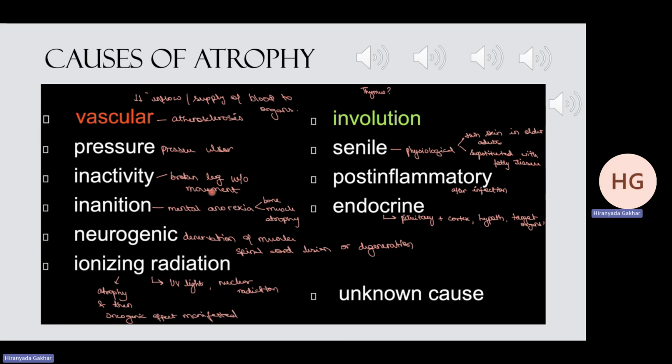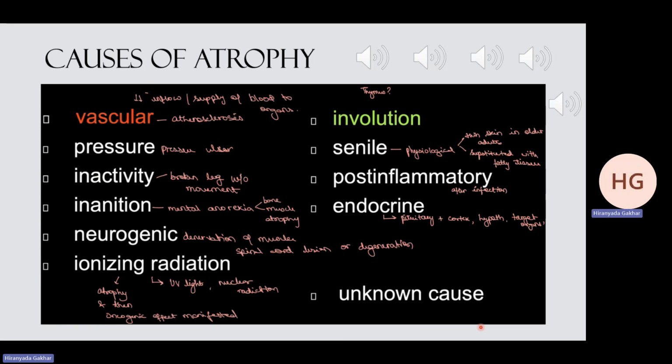This is the point when your reversible atrophy suddenly becomes an irreversible one. This also leads to muscle wasting. This can be accompanied by increased bone resorption, which leads to osteoporosis of disuse. So decrease in the muscle fibers further causes damage to the bone, and then there's osteoporosis of disuse.